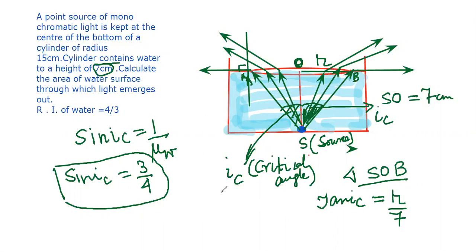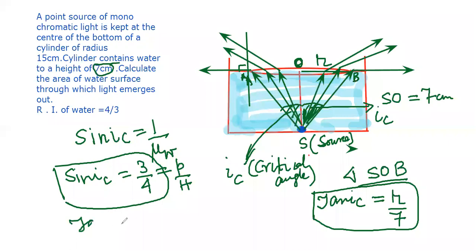What is the relation between sine IC and tan IC? Because sine IC is equal to 3 upon 4, which is perpendicular by hypotenuse, tan IC is equal to perpendicular by base, which is 3 divided by root over of 4 square minus 3 square.